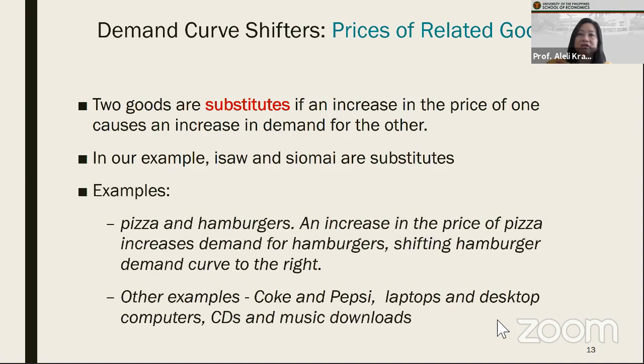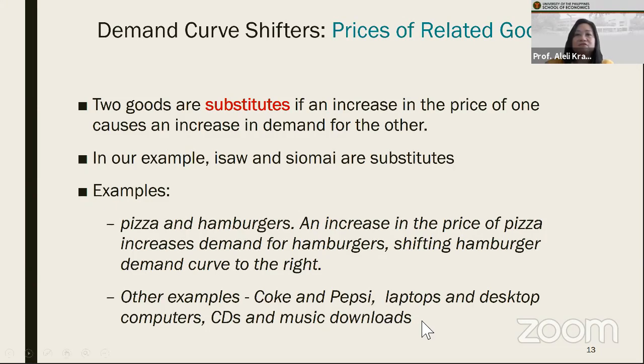For instance, Coke and Pepsi are related because they're types of cola. So if the price of Coke increases, then you would expect demand for Pepsi to increase, assuming that people cannot distinguish the taste, that for them they're the same. Of course, that's not very realistic, but they're related goods.